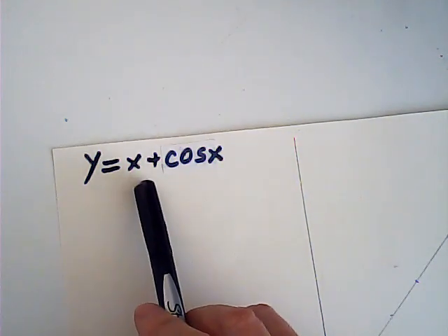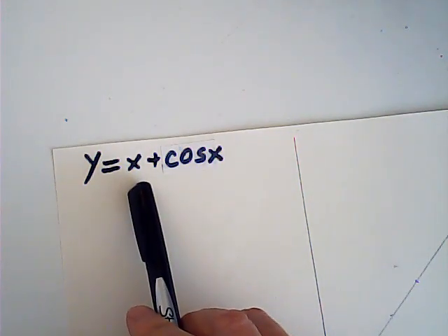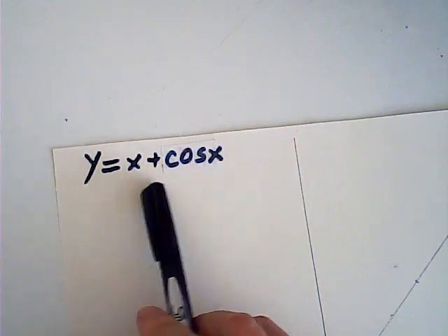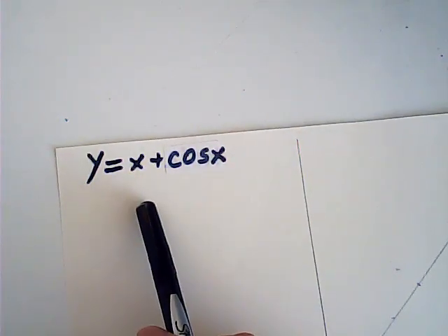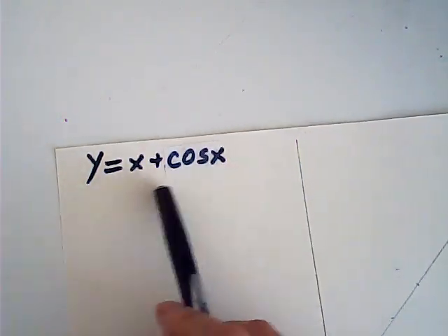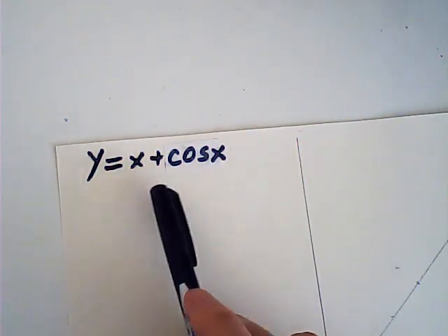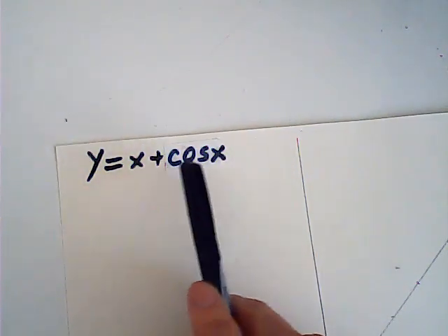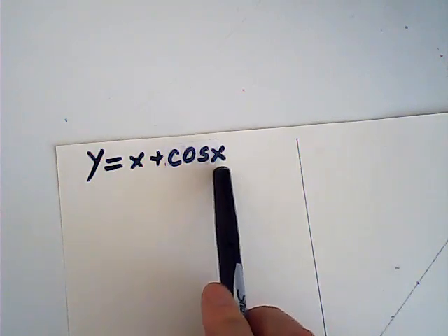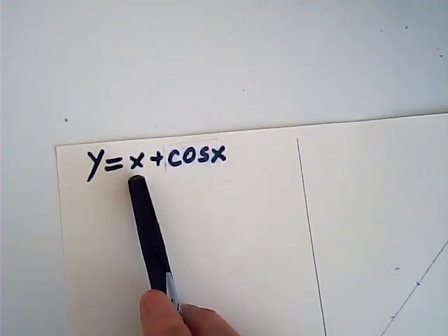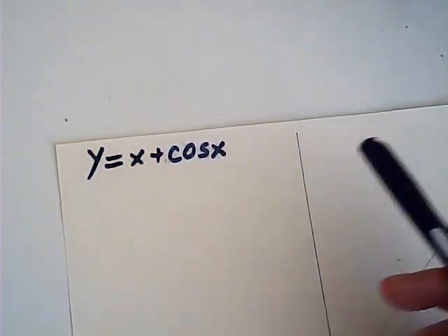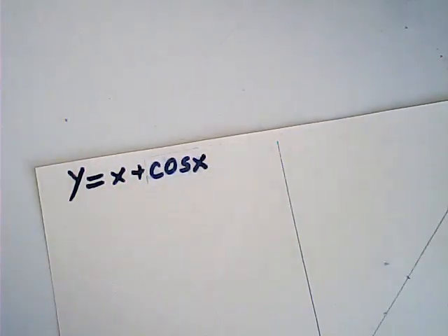And this function is not even, not odd. So therefore, we may sketch the whole entire domain. Is that correct? If you put a negative x here, this is not changing, this is negative. Therefore, this is not an odd function, not an even function.